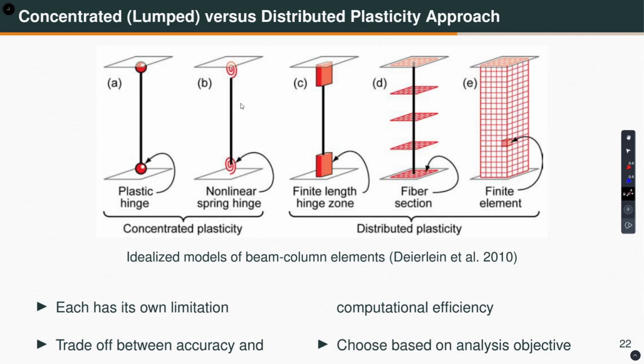Then another approach is we can actually define fiber sections along the length of the element. So, this is a fiber section here and so on. Along the length of the element, I can define fiber cross sections, and if you go back to my section analysis lectures, we know how to create fiber sections using steel as well as for reinforced concrete.